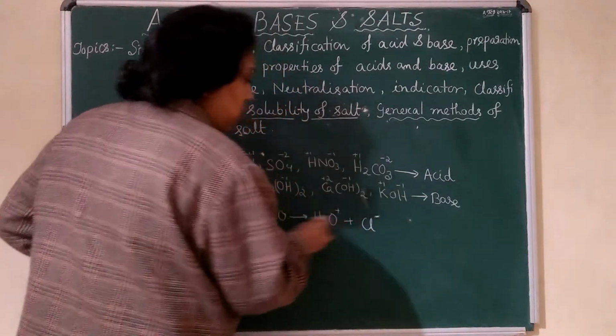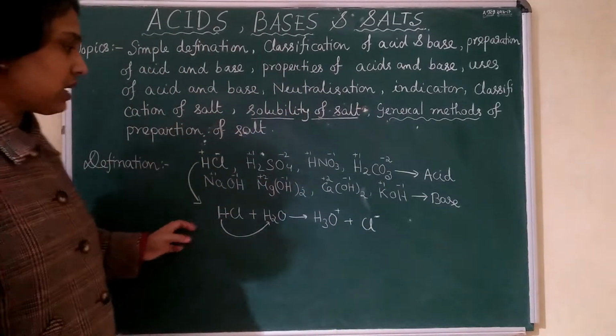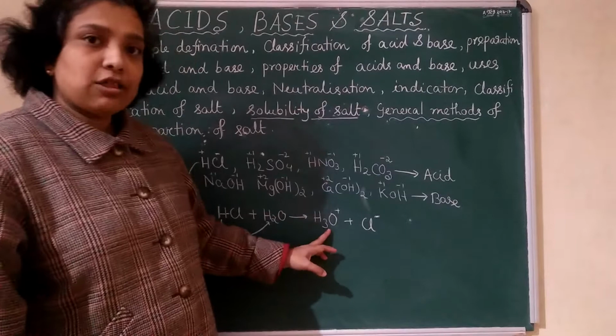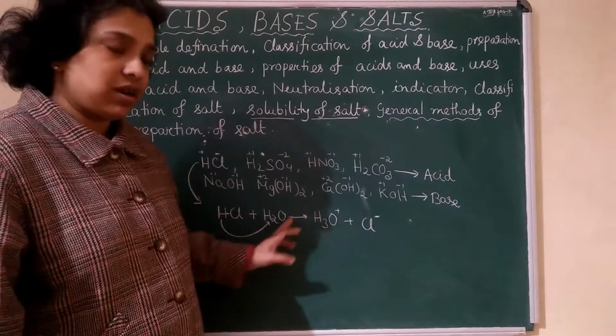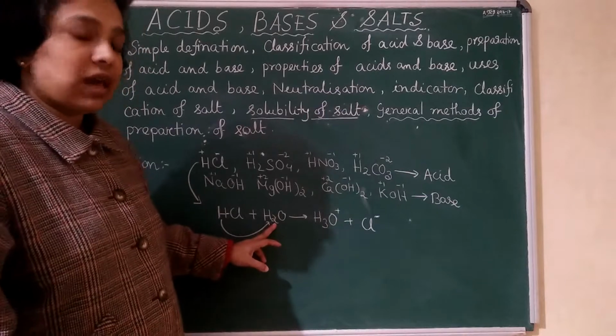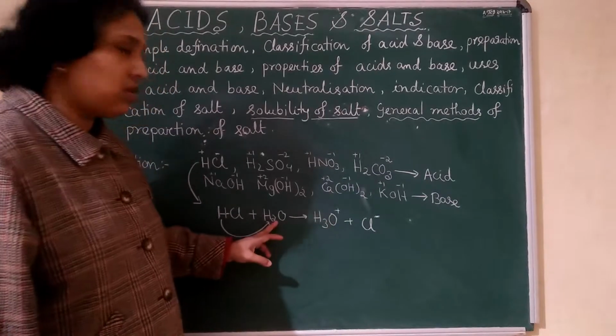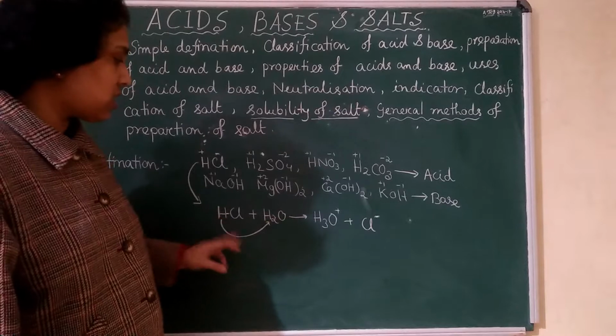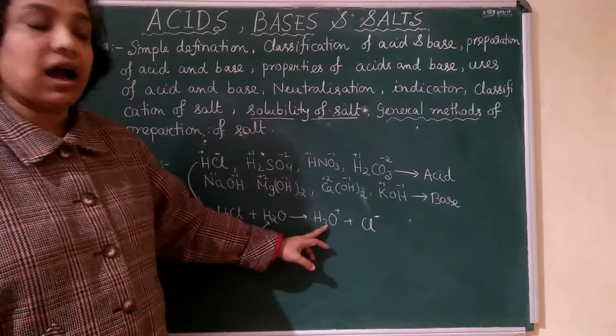So when it dissolves in water, what are we getting? We are getting H plus ion, which means that when it reacts with water, only then can we find its acidic property. With water, this H plus will join and form hydronium.